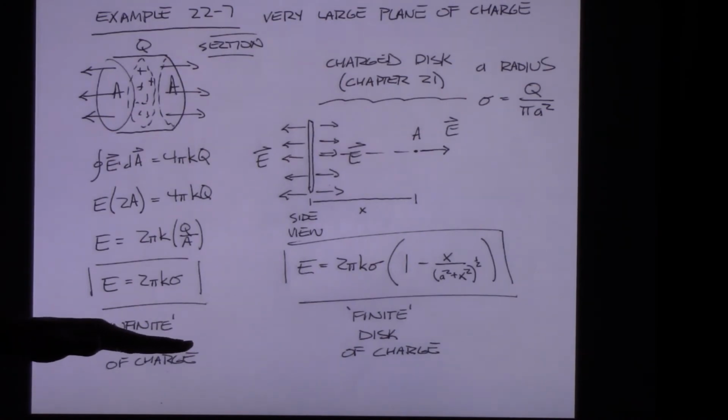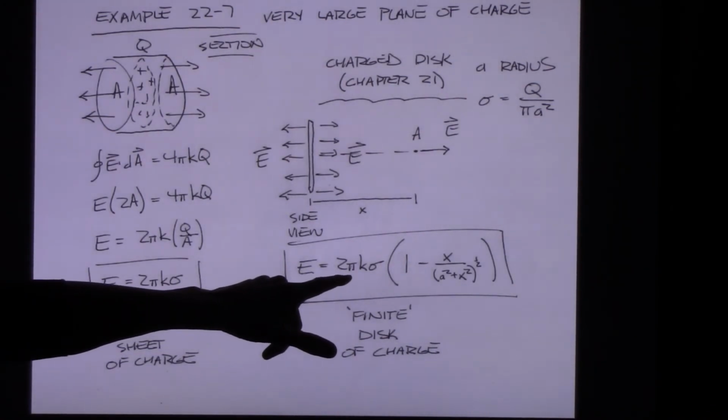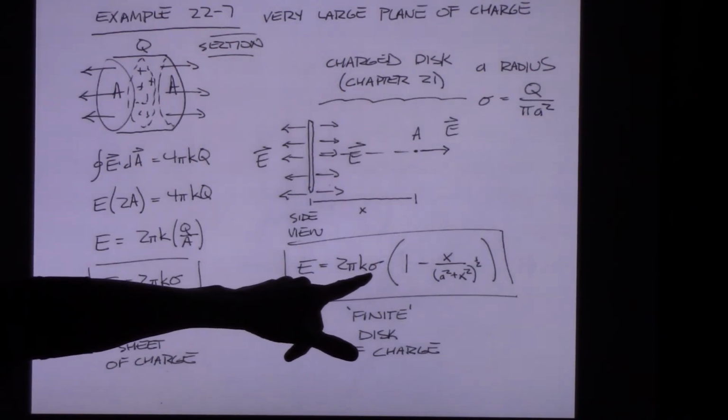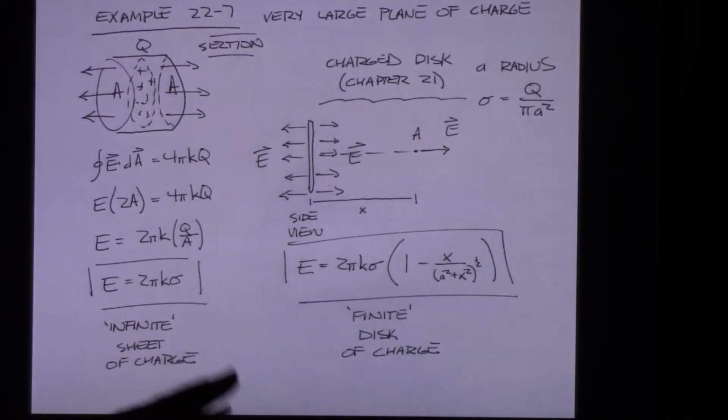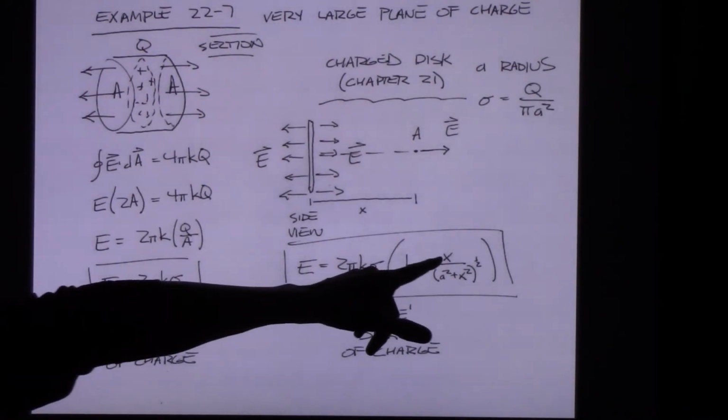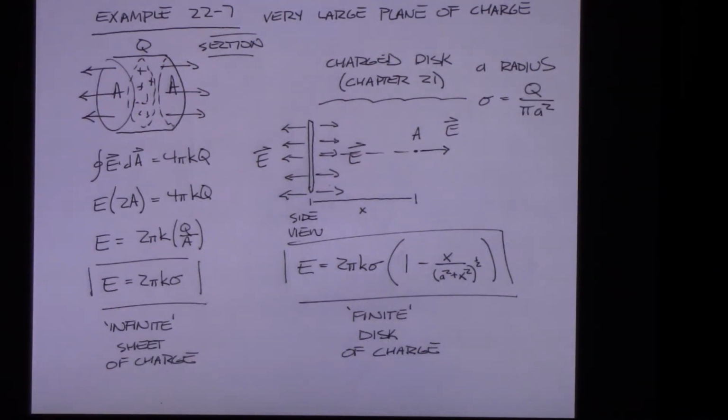The Gauss's law approximation correctly gives the E field as 2 pi k sigma in the limit where x approaches 0, and only there. So Gauss's law gets the answer correct only right at the surface.